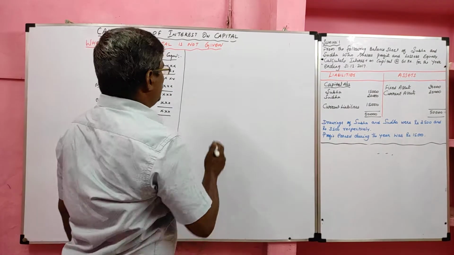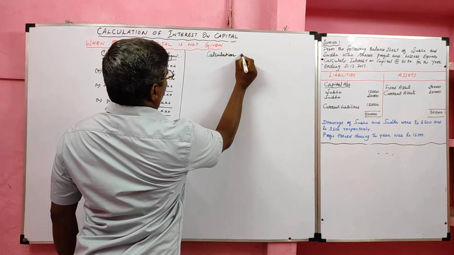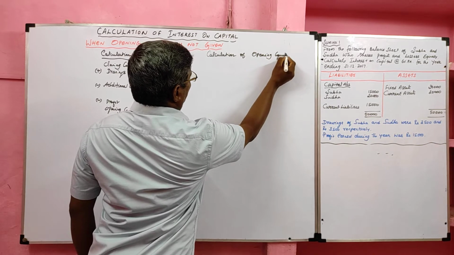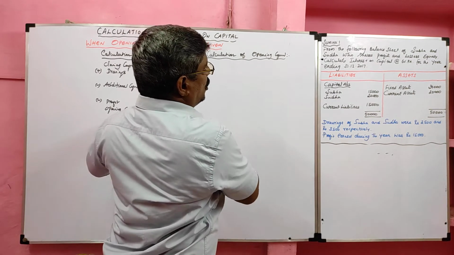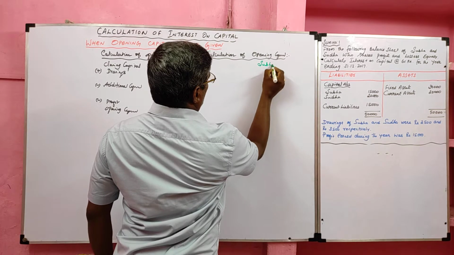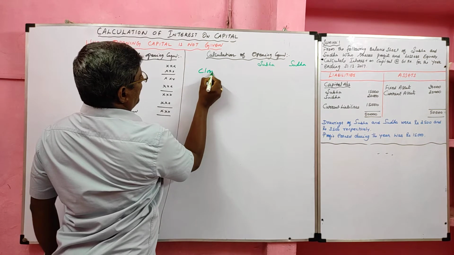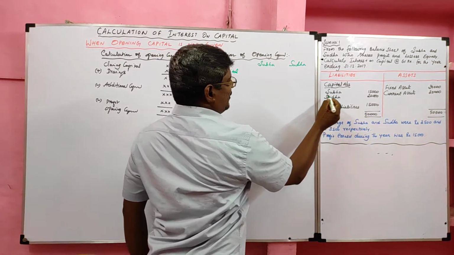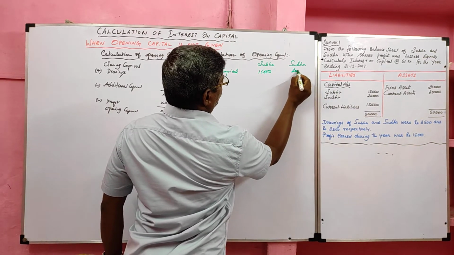We have to ascertain them. So the heading goes like this: calculation of opening capital. The partners are Subha and Sudha. First we will take closing capital, as given in the balance sheet: 15,000 and 20,000.